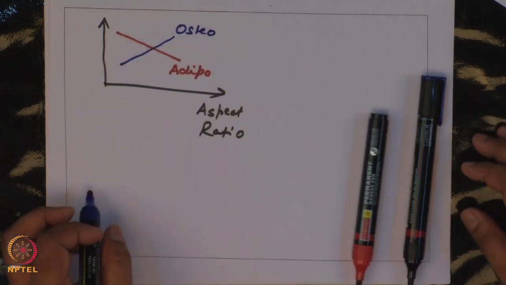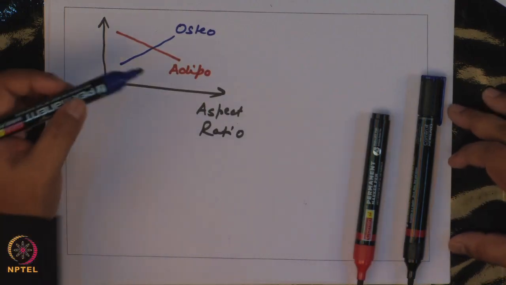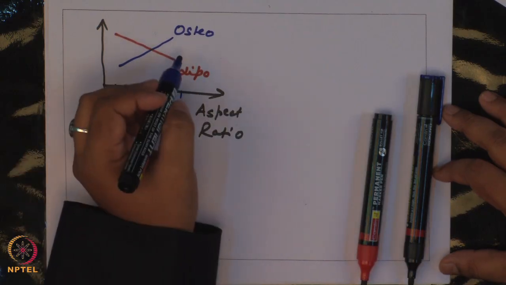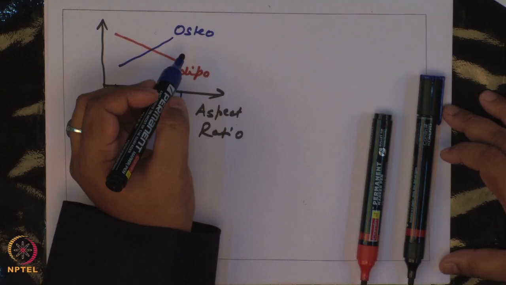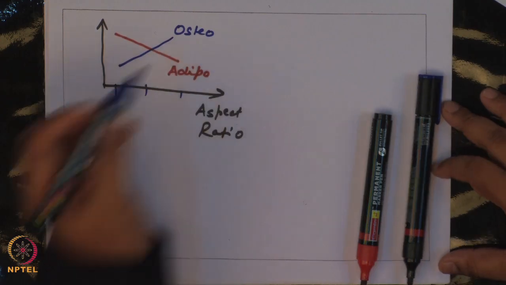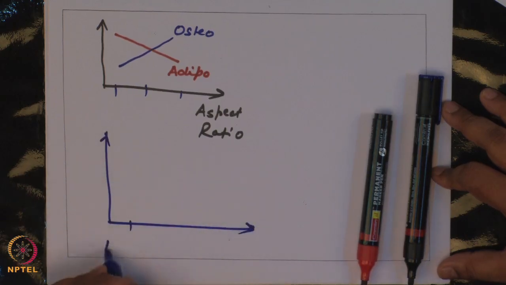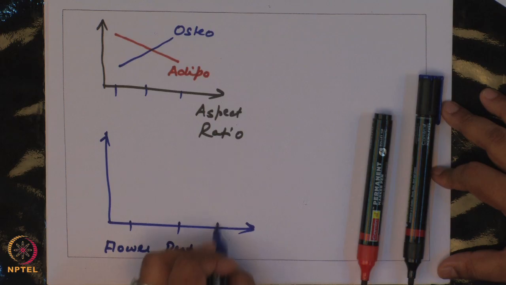With an increase in aspect ratio, the cells tended to differentiate more into an osteogenic lineage, and the same was true here, where you have the flower, pentagon and star.